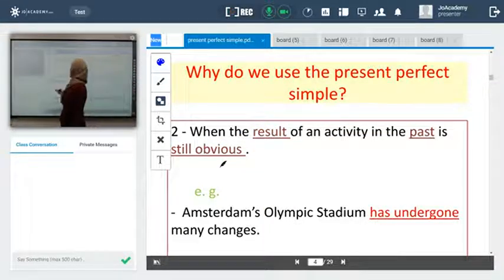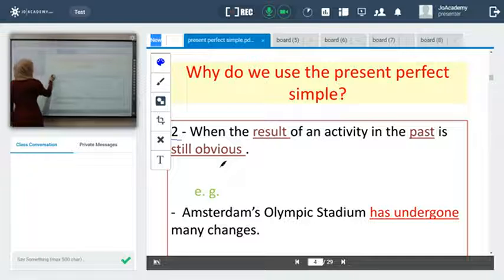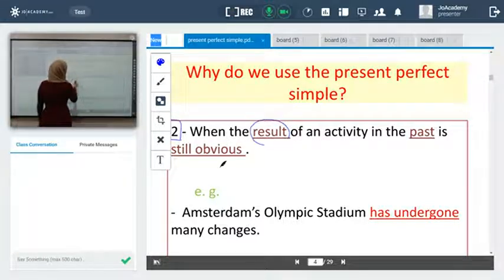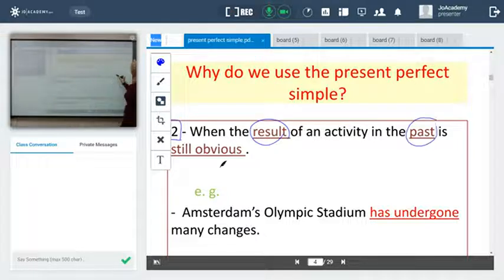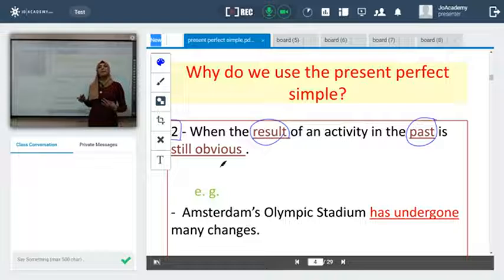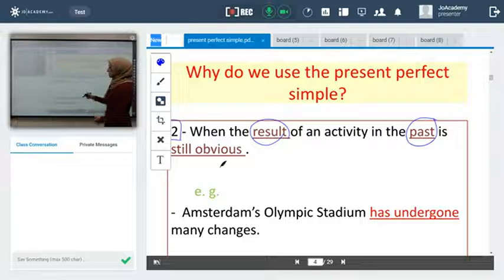Now, number two. When the result of an activity in the past is still obvious. So the activity happened in the past, but I can still see the result. It is there in front of me. So let's have a look at the following sentence.